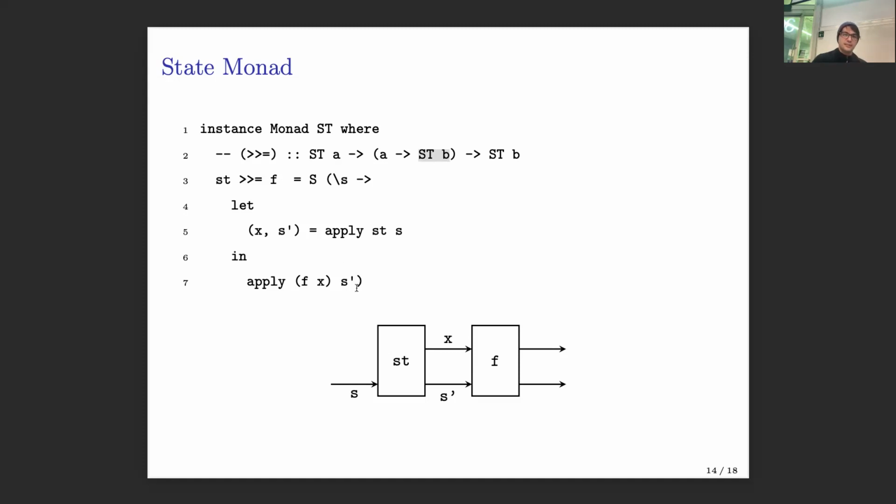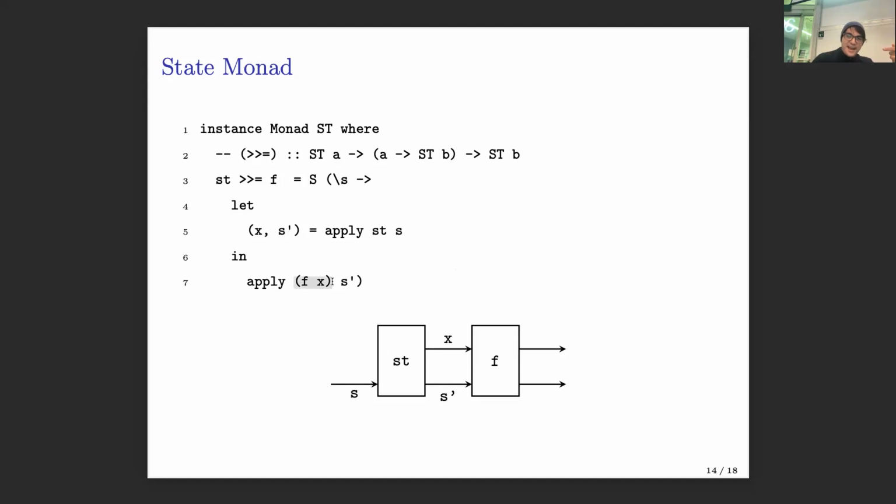That would be, where is it? Yeah, here. That's what the F is, right? So given X, it gives you a state transformer over B, which is expecting to take this input here, S prime. I know this gets kind of tricky.